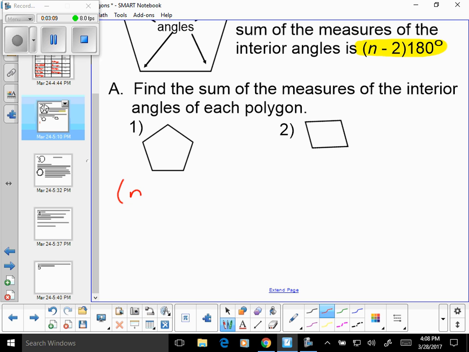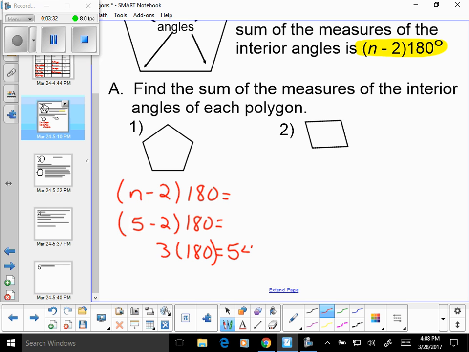Our book usually chooses to write it as n minus 2 and then times 180. In this particular case, we're going to count the number of sides. This is a pentagon, so it's 5. 5 minus 2 times 180, which is 3 times 180, which equals 540 degrees.